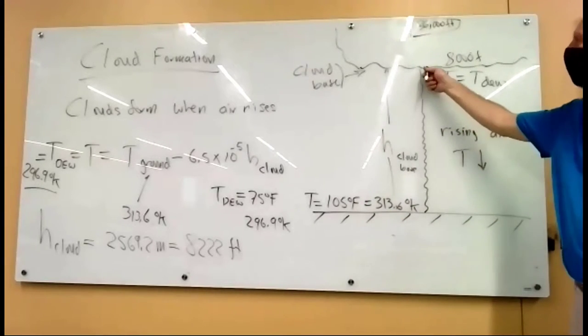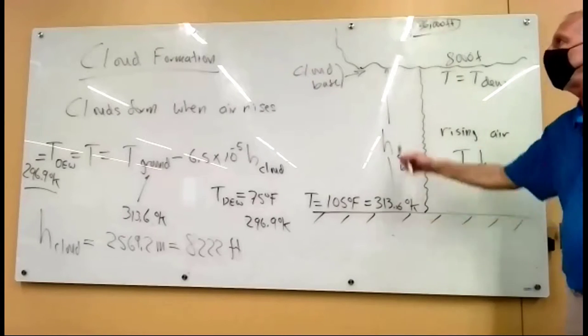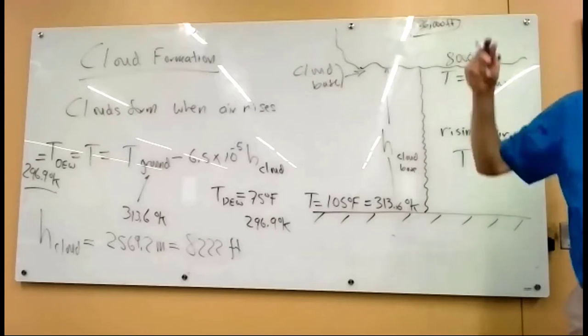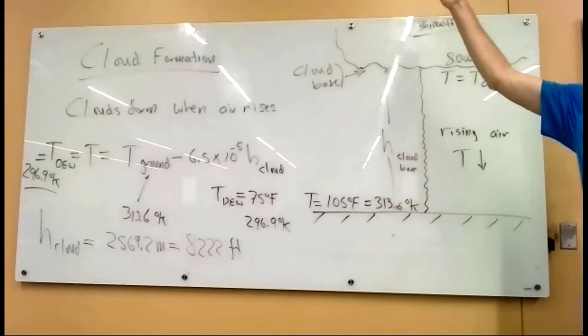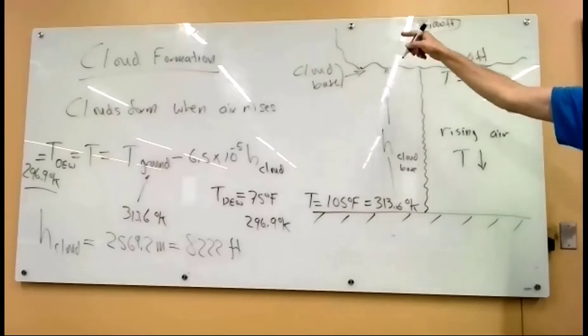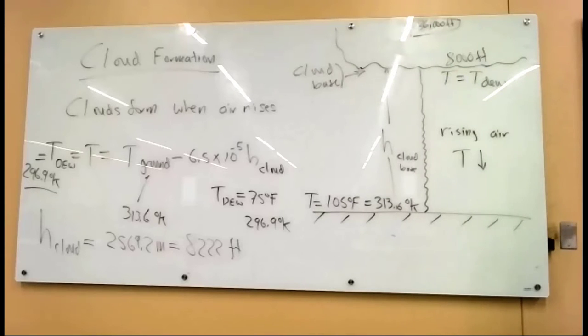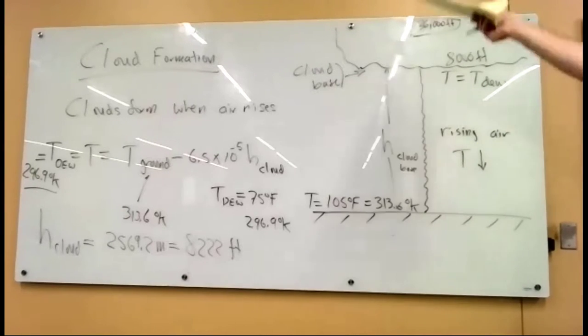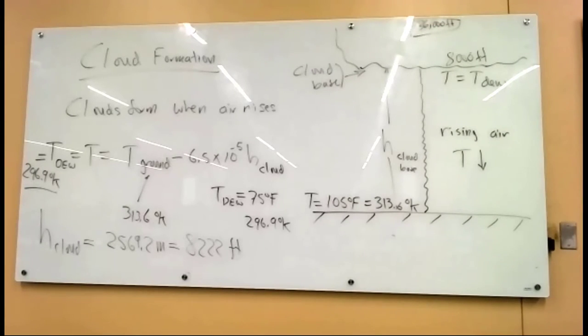So the cloud starts to form, the air still keeps rising and condensing out, and so you get this huge giant cloud building all the way from 8,000 feet up to 36,000 feet. A lot of room for that big thunderhead to form, and that's why you get a big thunderhead, is there's all that space above where the cloud starts to form.